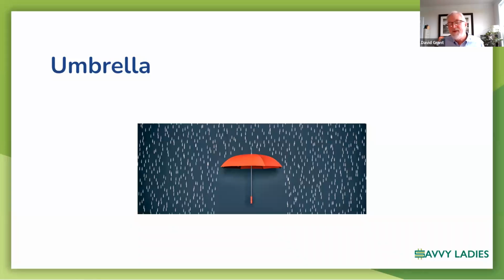Underneath that umbrella, and we're not advertising for any particular company there, goes the homeowner's liability, the auto liability, the golf cart liability, the boat liability. And it gives you an extra 1, 2, 3, up to several millions of dollars of extra liability coverage.